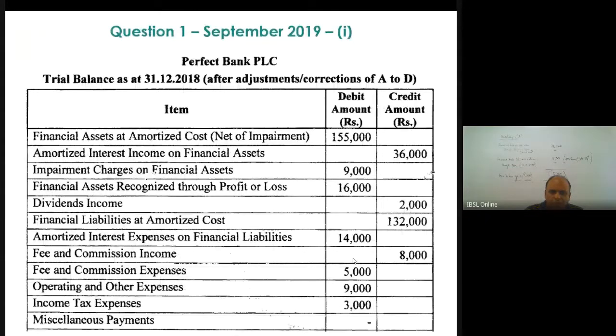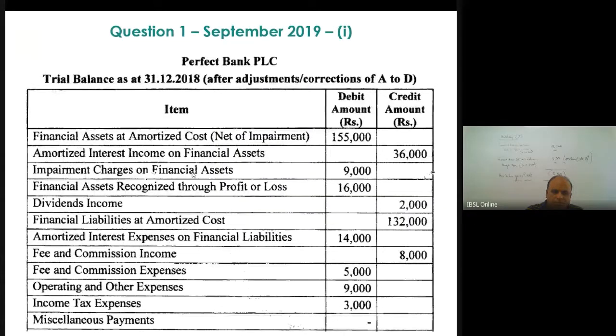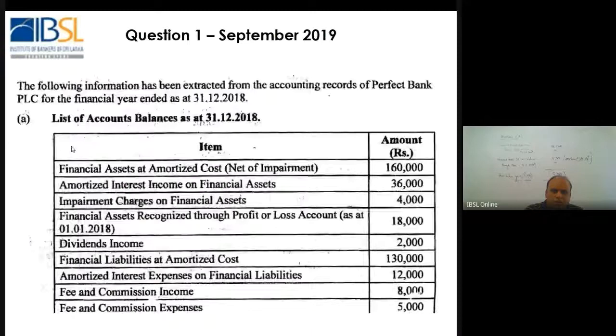So let's look at how they have accounted for this. Here you will see, already in the trial balance, you have an impairment charge of 4,000. Okay.